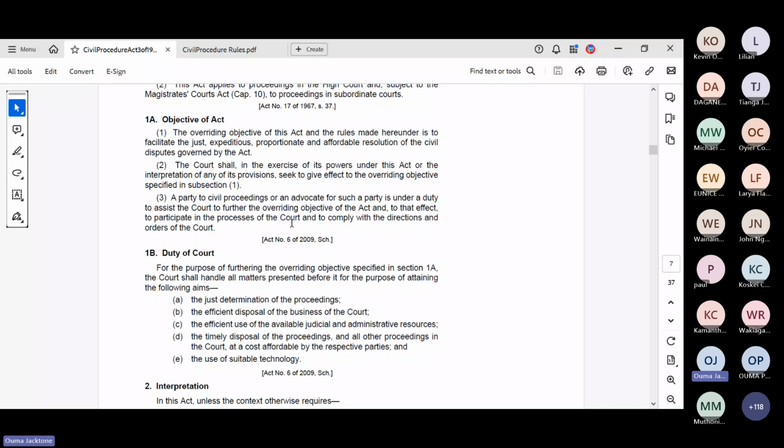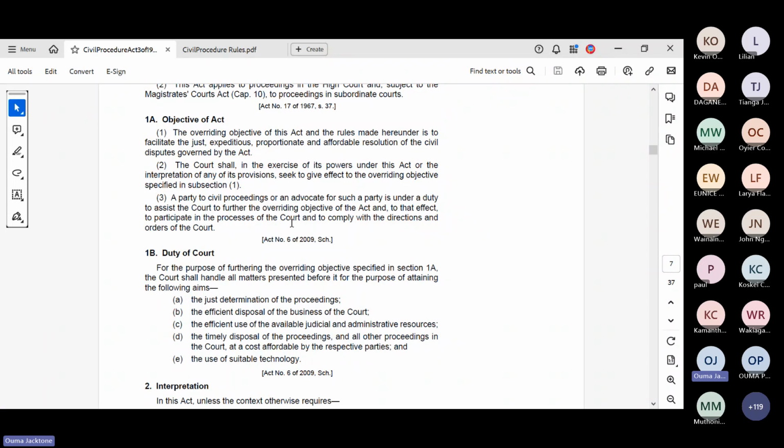For instance, like I've said, if you are supposed to file your plaint within 14 days and you don't, then the court, following the strict order of the rules, will dismiss that plaint. But if the court applies the overriding objective, the court can invoke the inherent power and make an order exempting you from filing that suit within 14 days.